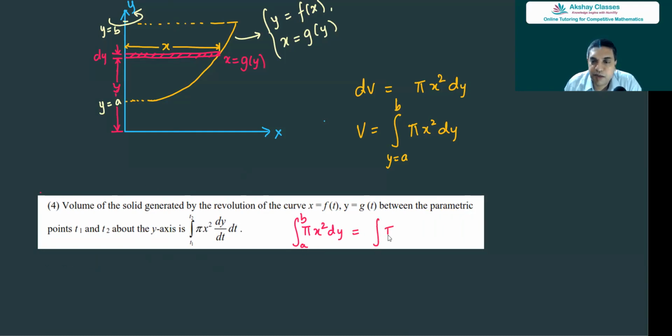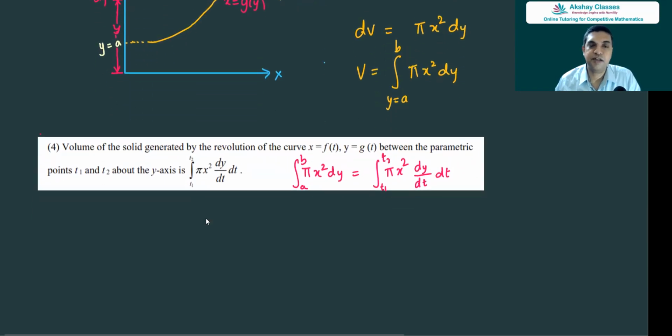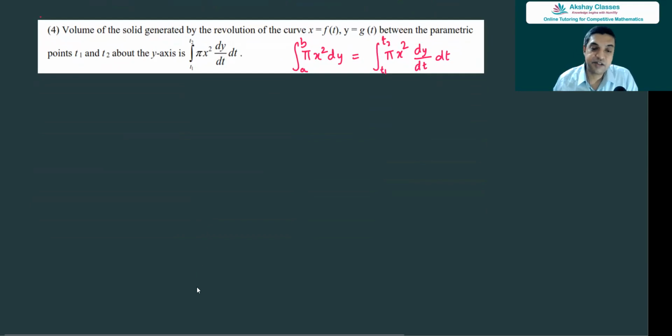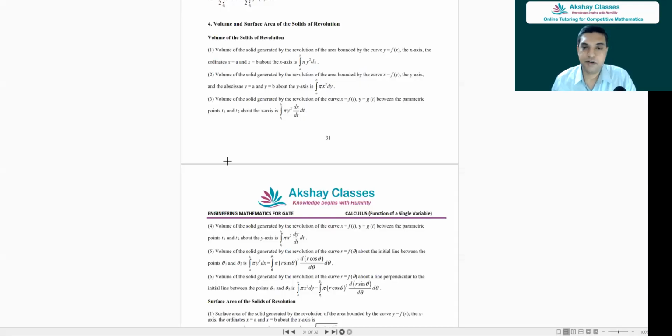This will be the same as pi, substitute x in terms of t, and dy, since y is a function of t, it's a parametric equation, so dy by dt times dt from t1 to t2. So x we'll write as f of t and y is g of t, so dy by dt is g dash t. This is how we do integration with the parametric form of the equation of the curve.